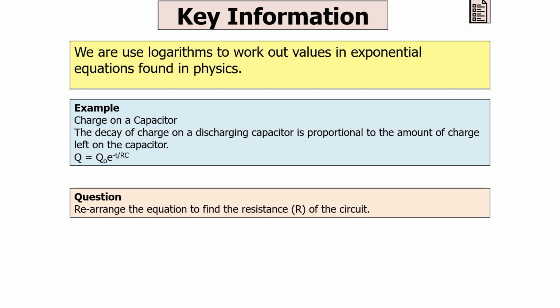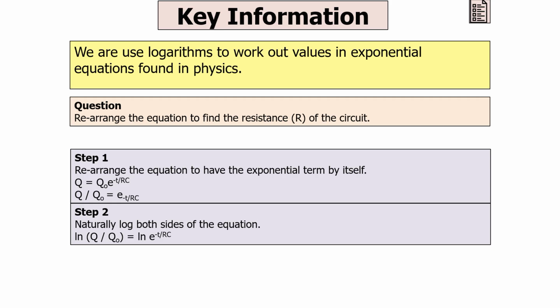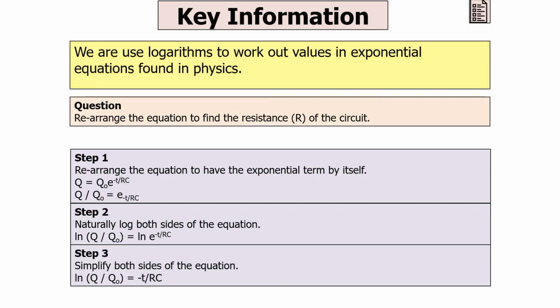So the first step is to rearrange the equation to have the exponential term by itself. So it becomes Q over Q0 equals e to the power minus t over RC. We take natural logs of both sides because there's an exponential term there. So natural log Q over Q0 equals natural log e to the power minus t over RC. This simplifies on the right hand side, as natural log e will just turn into the power term by itself.